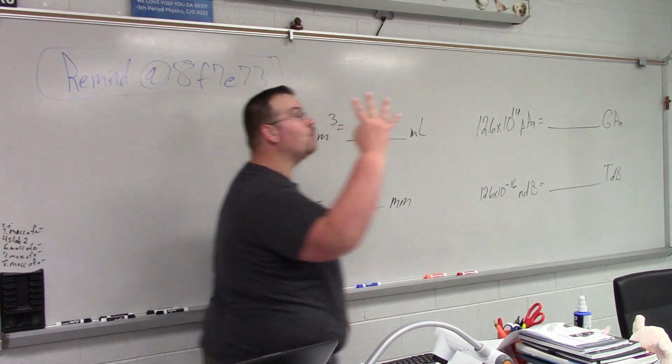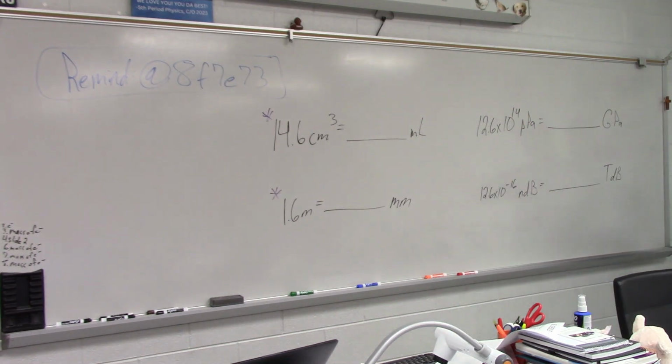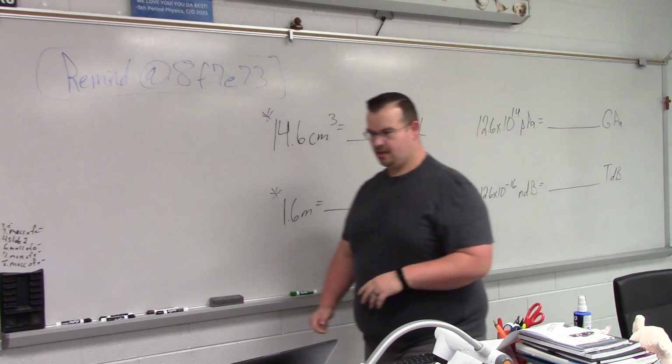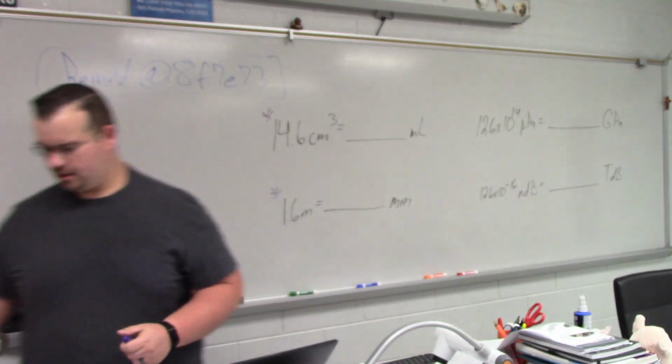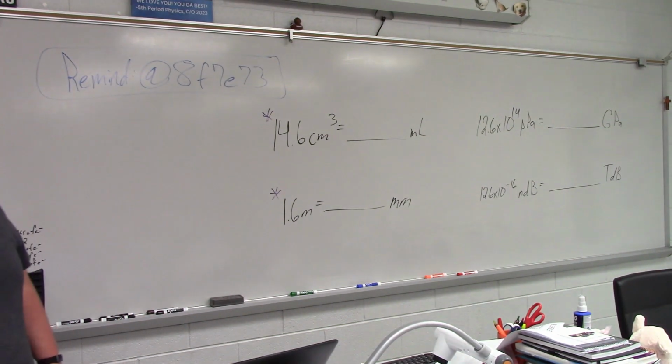Remember our 4 rules. Step 1, what is it? Write the number times 10 to something or another. We're trying to figure out what that something is. Step 2. Find the difference between the prefixes. Step 3. If and only if there is an exponent on the unit, then you multiply by that exponent.